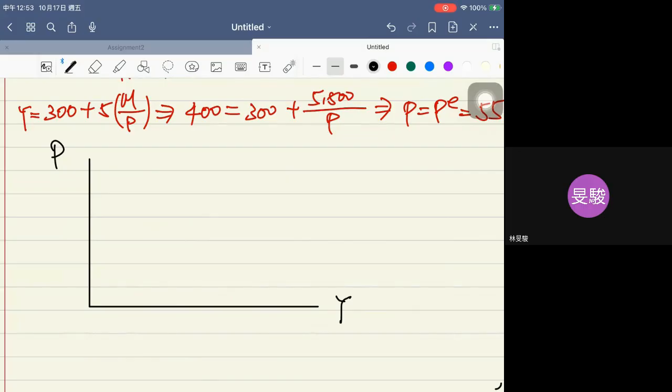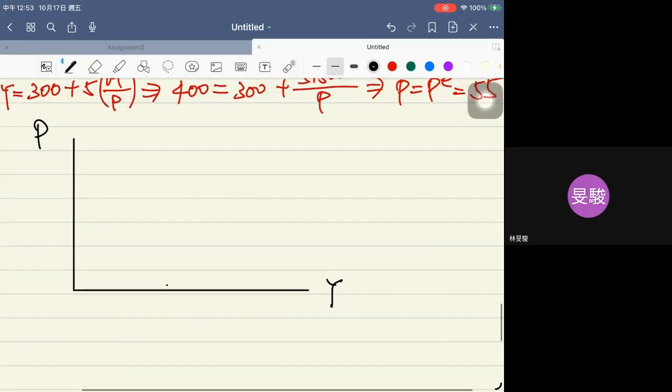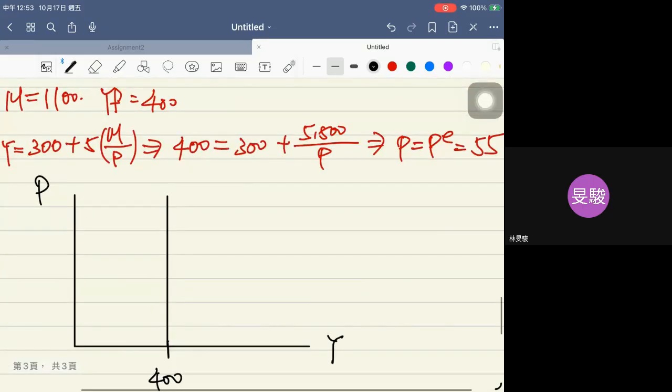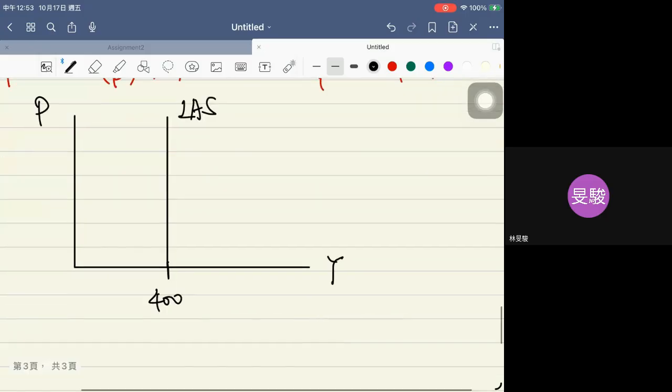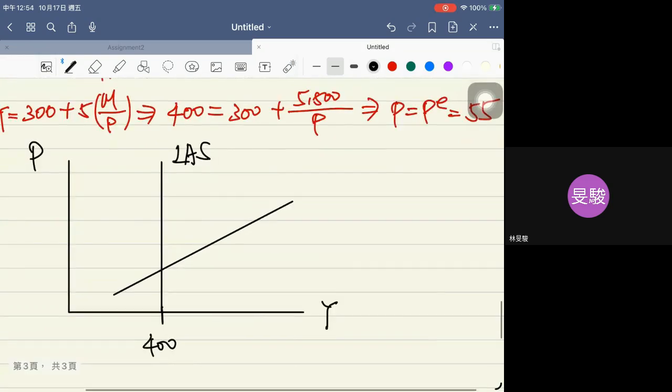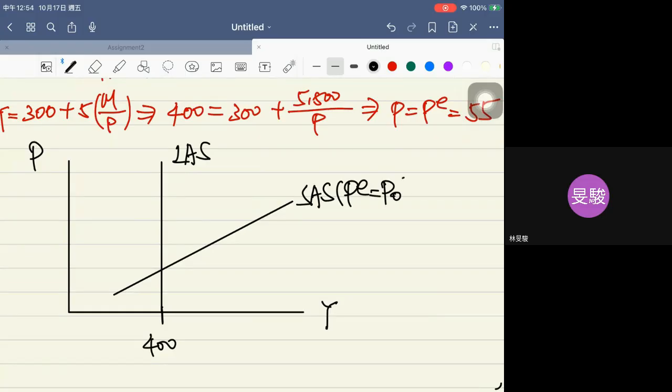And it said that YF is 400. So this is the long run aggregate supply. And the initial short run price level we denote P0.